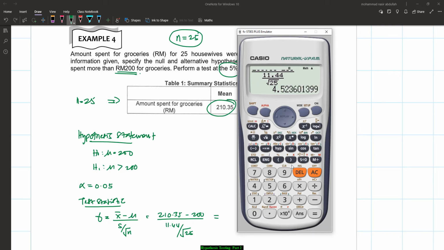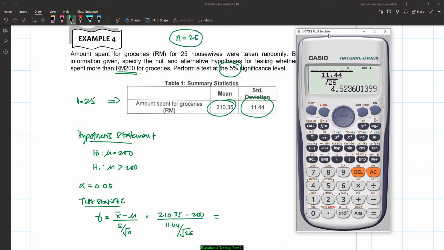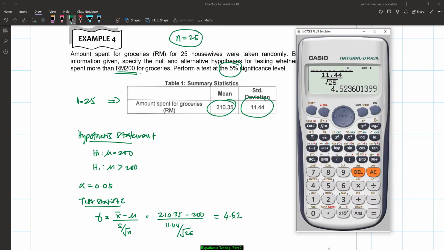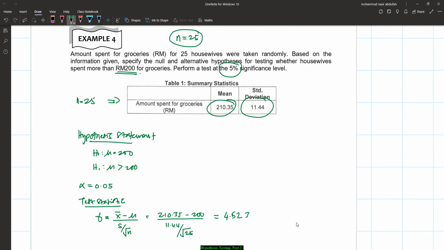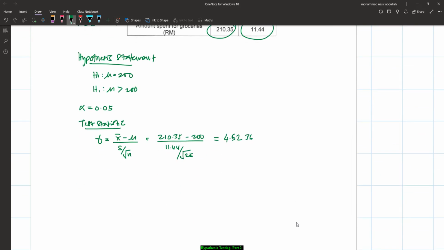Wait, is this correct? This is the standard deviation, right? 25, look at the formula, should be correct. So 4.52, so everything is the same, 4.5236.